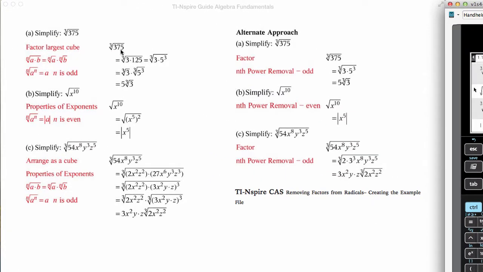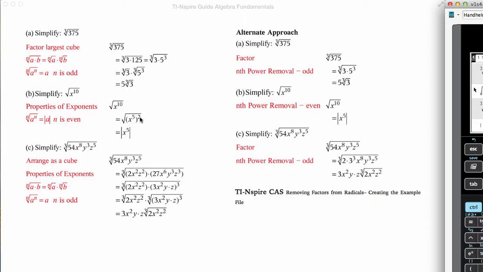So the traditional approach here is to take 375 and factor it into 3 times 125, and then we have the cube root of 3 times 5 cubed. We can break this down into our 2 parts, and the ones with the perfect cube will go outside in the front. When we have x to the 10th, we can switch this into x to the 5th, squared, because the index is 2.